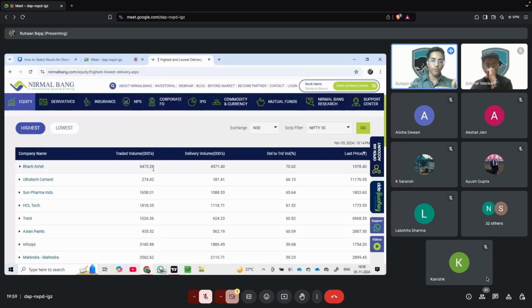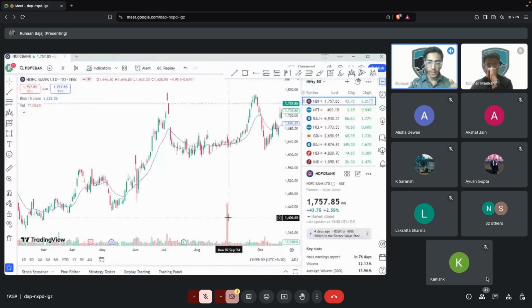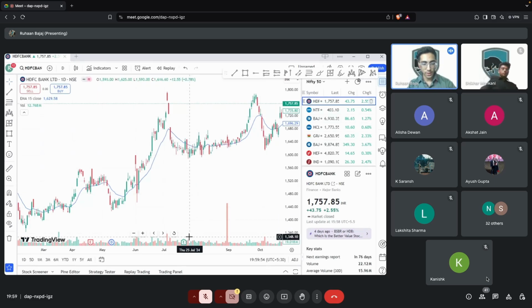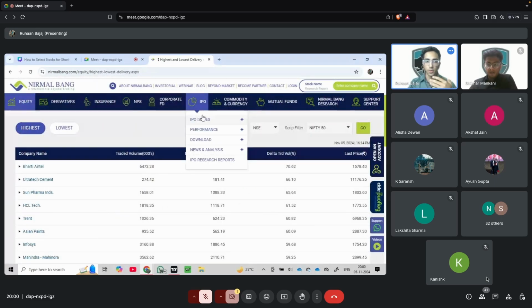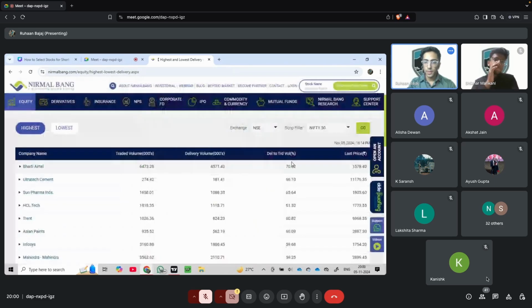So what you are seeing here is delivery volumes, the quantity of stocks that was bought to the demat account. The volume that was previously shown contained trading volumes, delivery volumes, and everything. What you are seeing here is just the delivery volumes that people bought to the demat accounts.